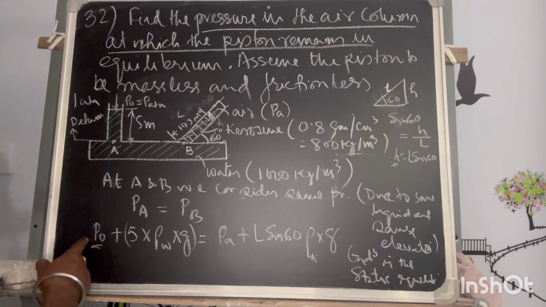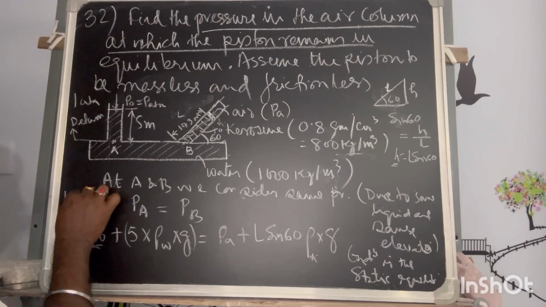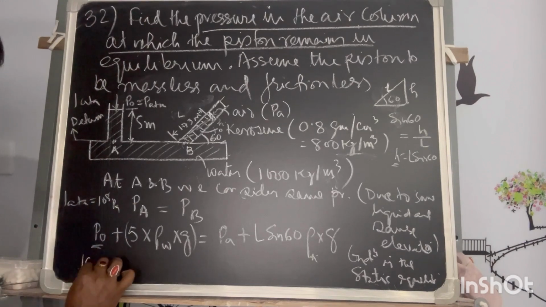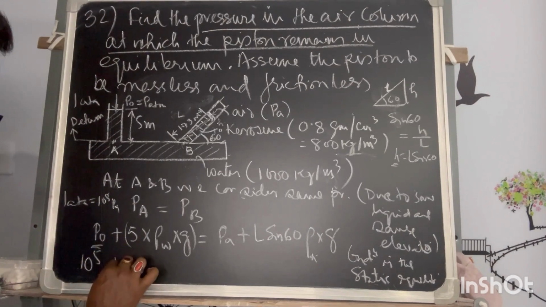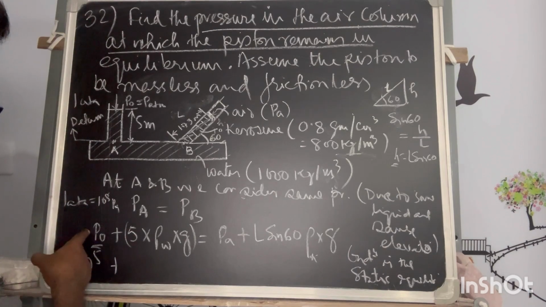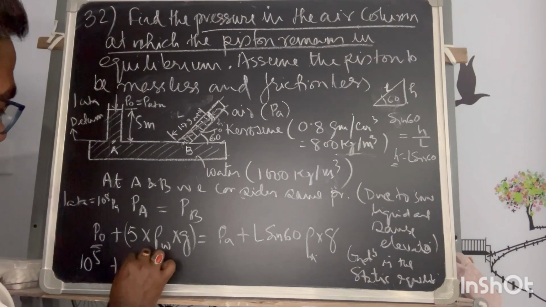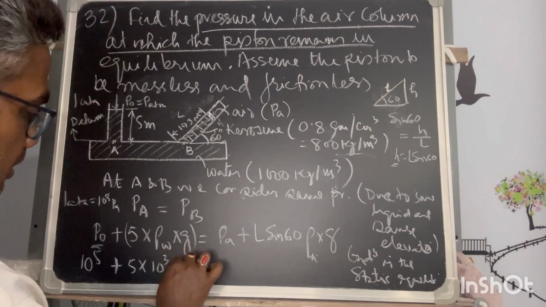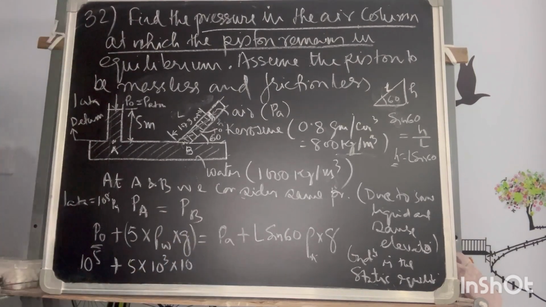So if I consider 1 atm, how much is it? 10 to the power 5 Pascal. So straightaway you can write 10 to the power 5, because everything I will get in Newton per meter square, that is Pascal. So the atmospheric pressure in Pascal is 10 to the power 5. Then 5 into rho of water, which is 10 to the power 3, and g we are taking as 10 for roundness.